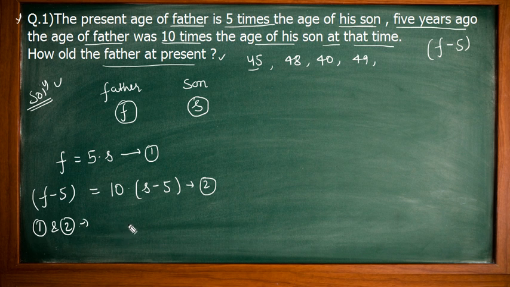Basically you will get F minus 5 equal to 10S minus 50.